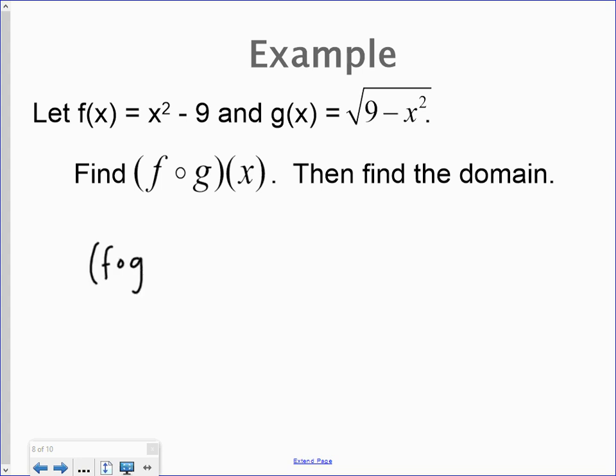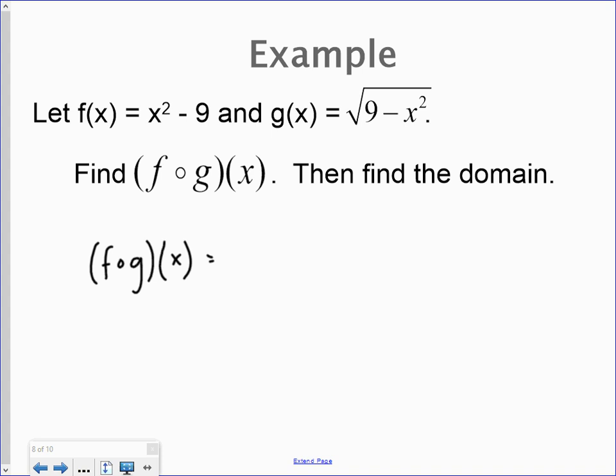I'll use the new notation. Sometimes it looks like you're writing the word Bob. F of g of x. And the second letter is always your inside function. So that's the function that you want to plug into the other function.